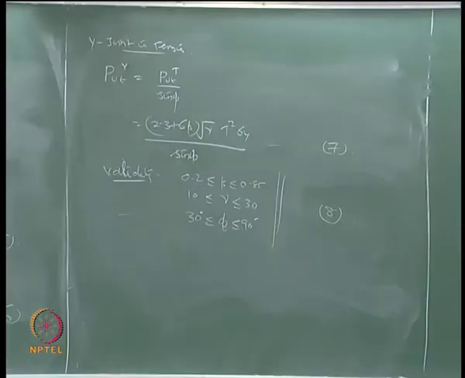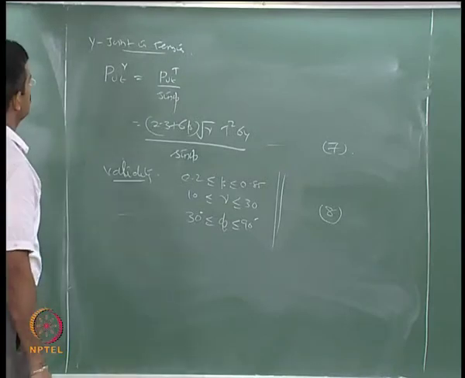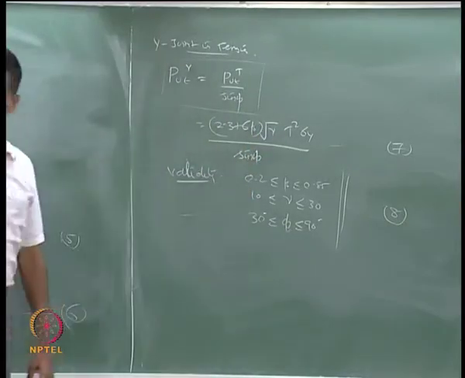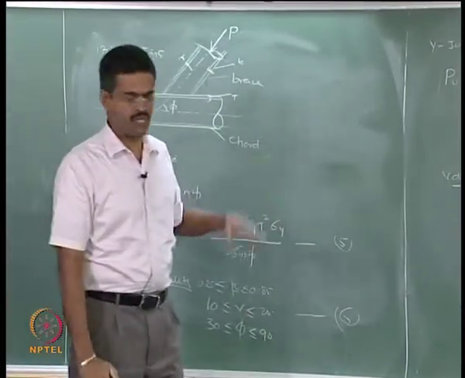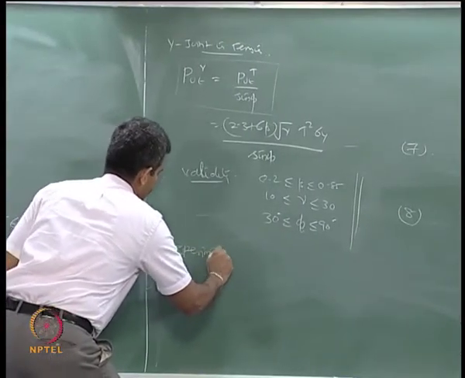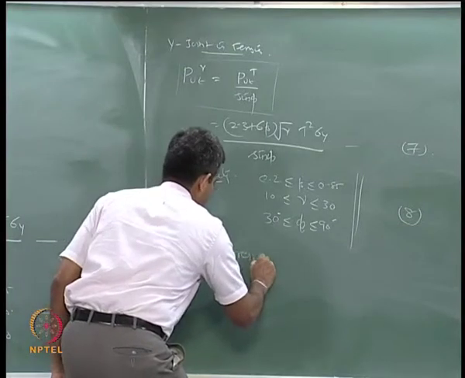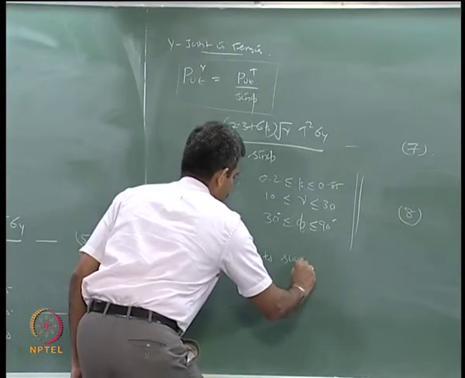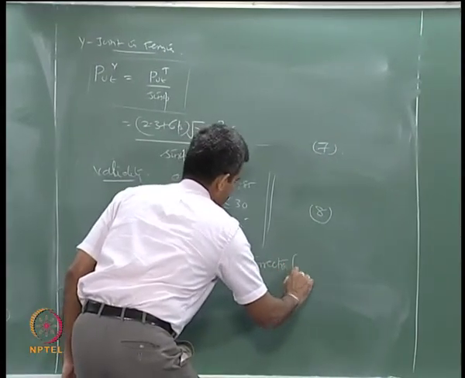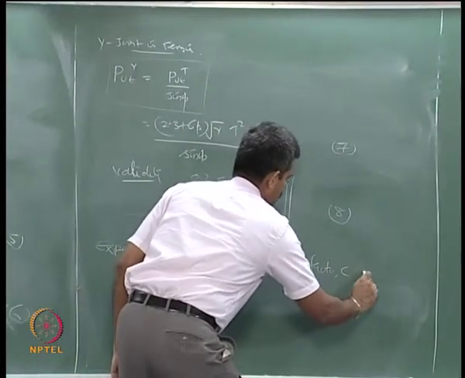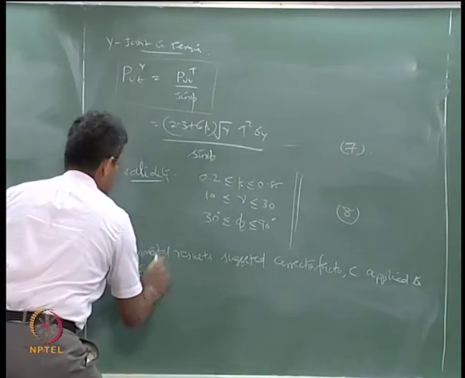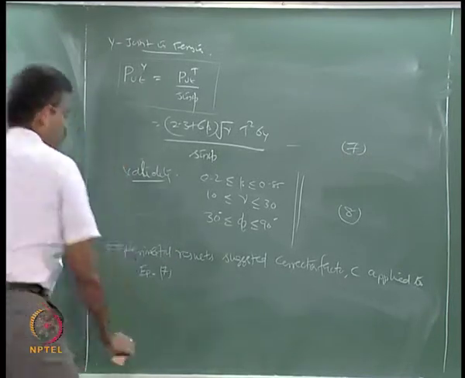Now experiments have shown that T joints as Y joints in tension have slightly higher capacity, therefore you have got to apply a correction factor to it. So experimental results suggested a correction factor C applied to equation 7. What is the correction factor?